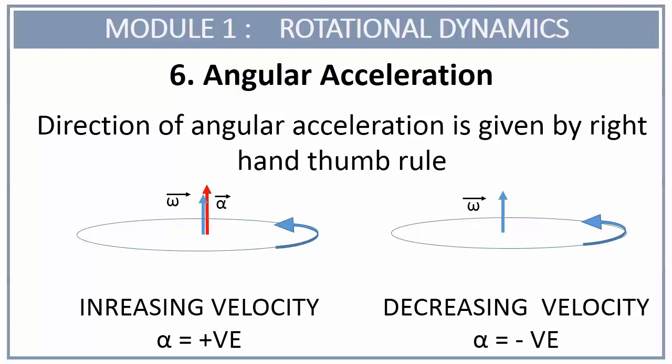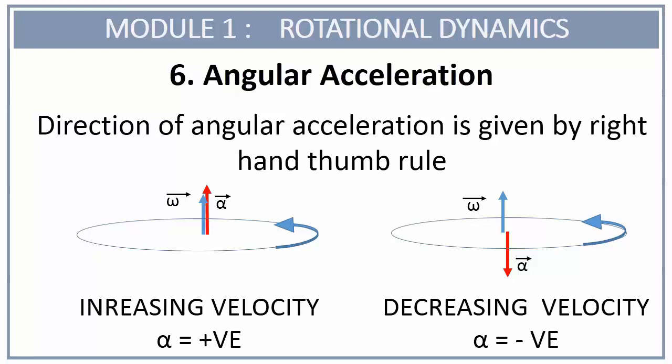And direction of this acceleration is opposite to the direction of velocity. So here, if a particle is performing circular motion with decreasing velocity, then direction of its angular acceleration is opposite to the direction of angular velocity. In this case, alpha is negative.